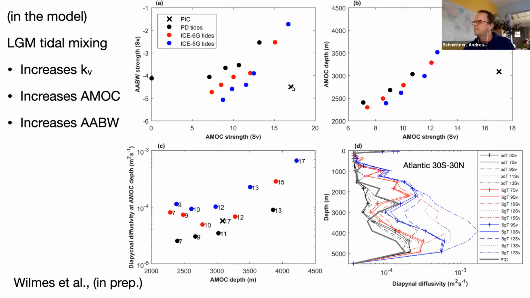But is it saying that your buoyancy flux is more powerful than the difference between the tides? I guess you could say that. If you look at the range here from different buoyancy fluxes, it has a larger impact than the different tides.